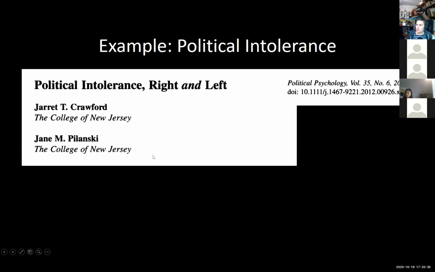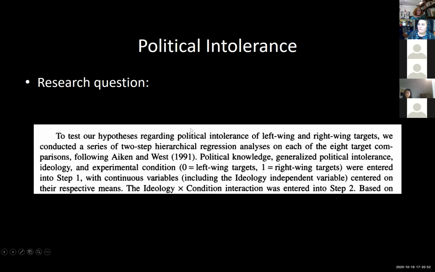I just graphed it. I want to show you one example of this in published data. That's why I have this here. So this is an article on political intolerance, right and left, and it's in the journal Political Psychology. It came out in 2014. This is their research question: to test the hypotheses regarding political intolerance of left-wing and right-wing targets.